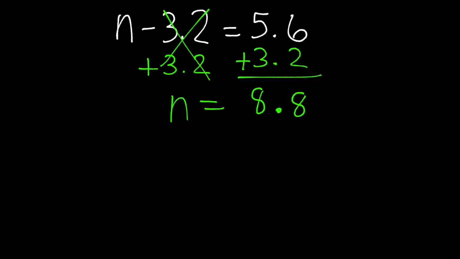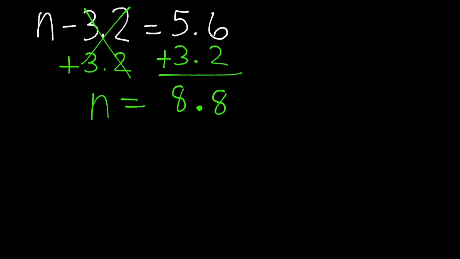All we have to do now is check. So I'm going to substitute 8 and 8/10 into our equation, but I'm also going to change the way I write it, just because when I am subtracting decimals, I prefer to have them vertical instead of horizontal.